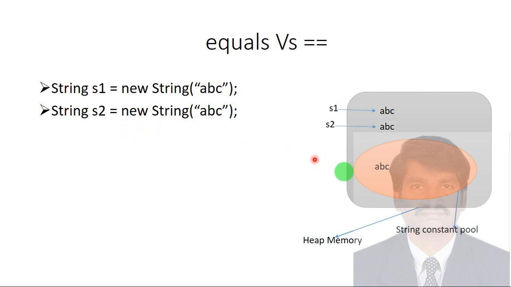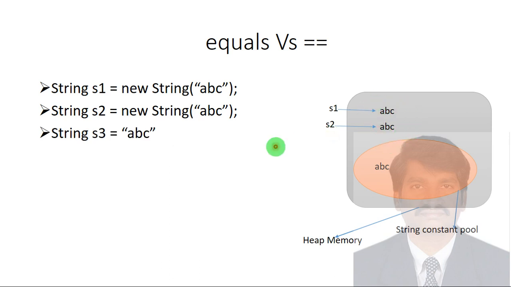Then already there is an object here. It will not create the object here, but it will create a new object in heap memory. Guys, whenever you are using the new keyword to create the string, it will not check whether the object is present in heap memory or not. It will just go ahead and create the object.